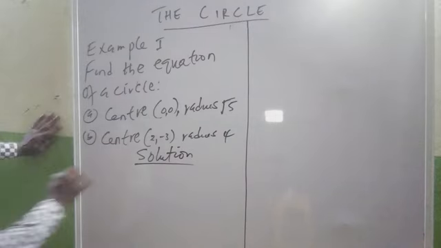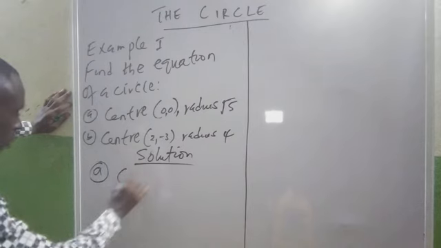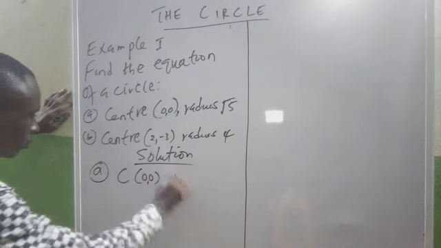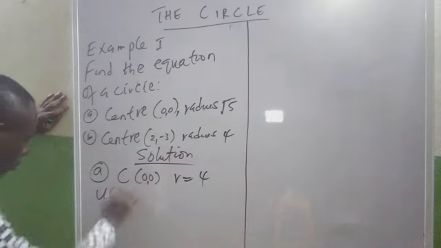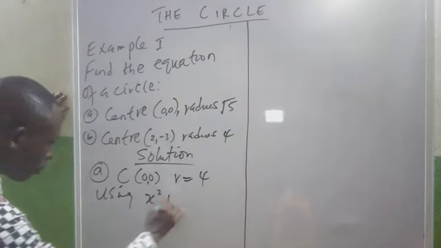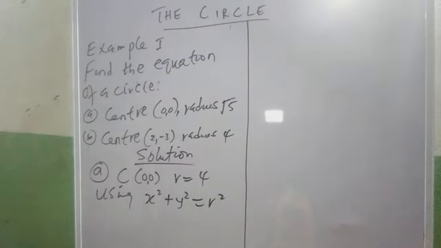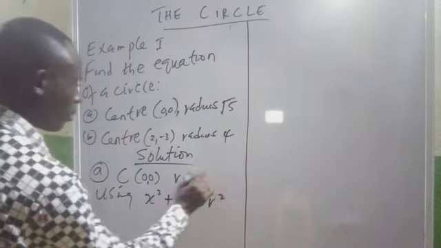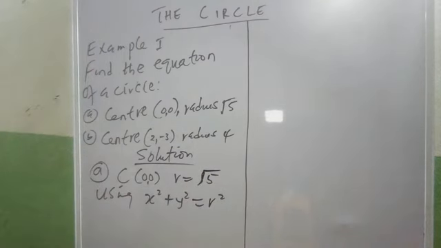Now A, we have center (0, 0), radius is root 5. Since the center is (0, 0), we are using x squared plus y squared equals r squared. Oh, I'm sorry, here is root 5, not 4.